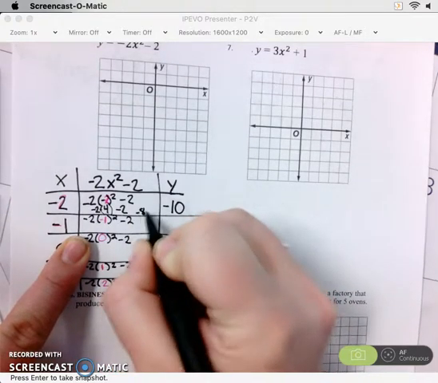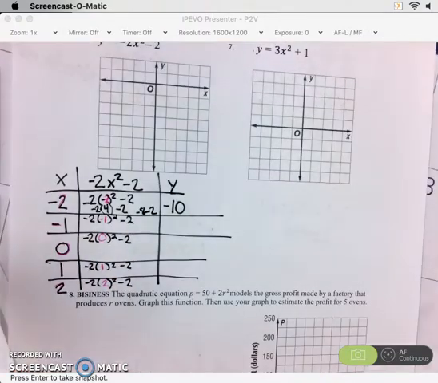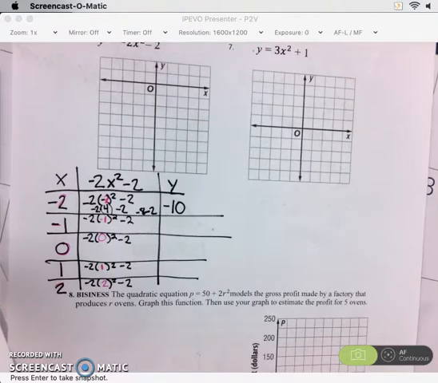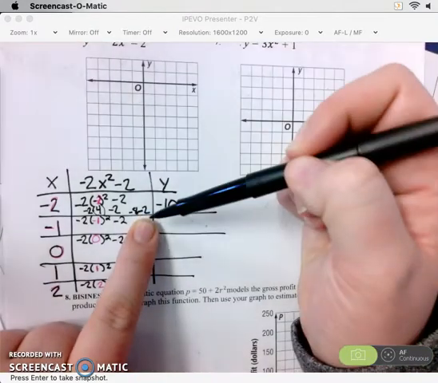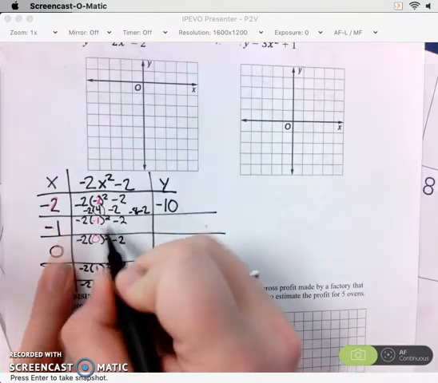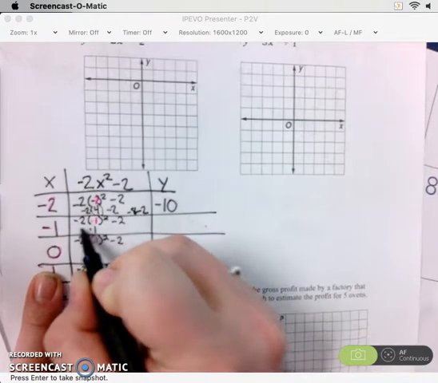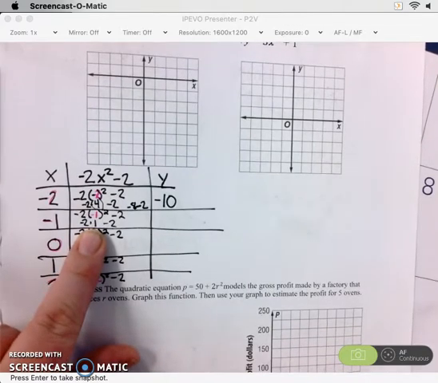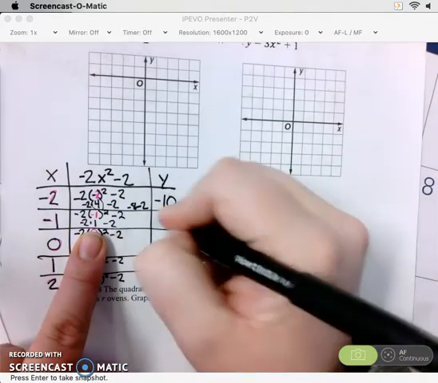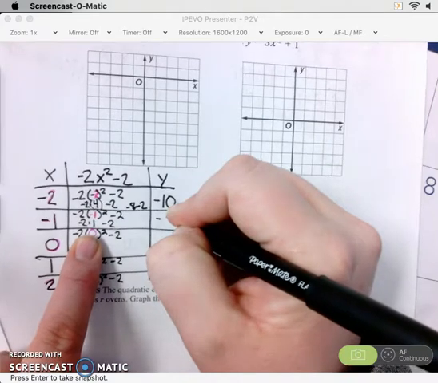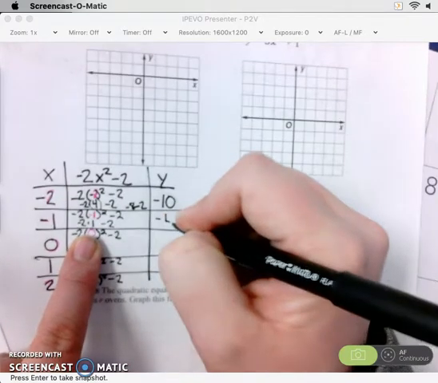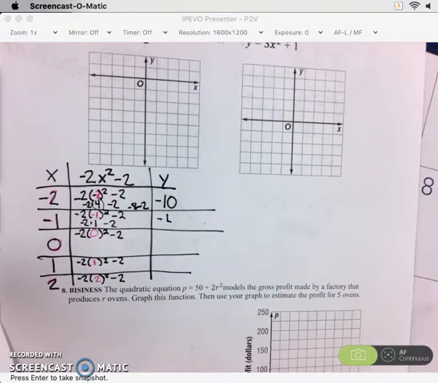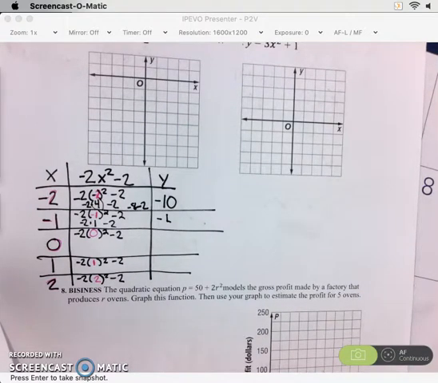And -8 minus 2, so you are going even further negative. You're taking away another 2. Okay, -1 times -1 is 1 times -2 minus 2. Negative 2 minus 2 is what? Negative 4.